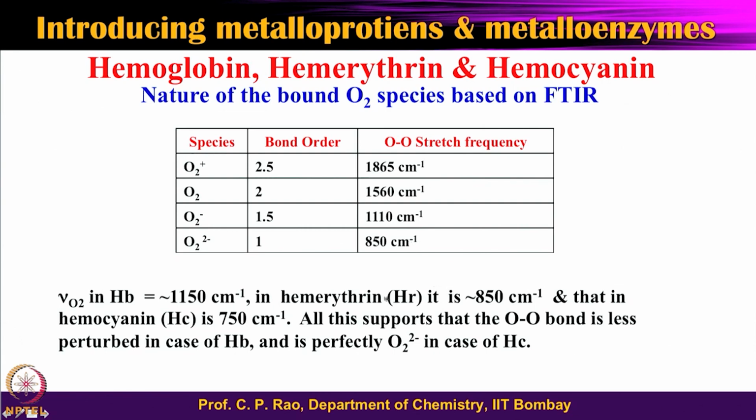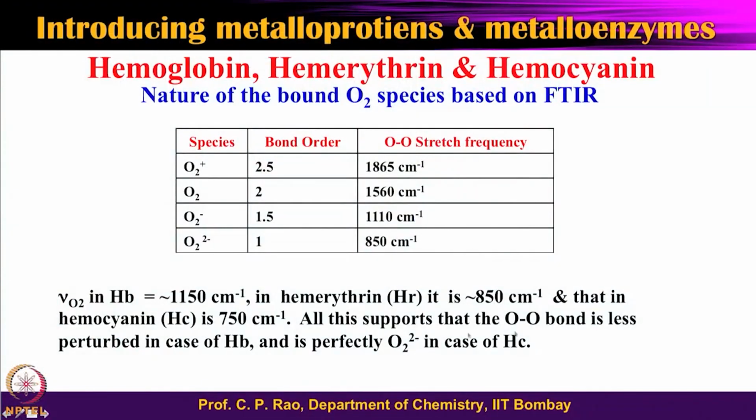Now, if you compare, there is the least perturbance in the case of oxygen bound to the hemoglobin iron, and an intermediate perturbance when it is bound to hemerythrin. As you can see from the structure, it is not centered between the 2 irons. When you go to the third case, hemocyanin, you can see the OO is exactly centered, binding to both the coppers.